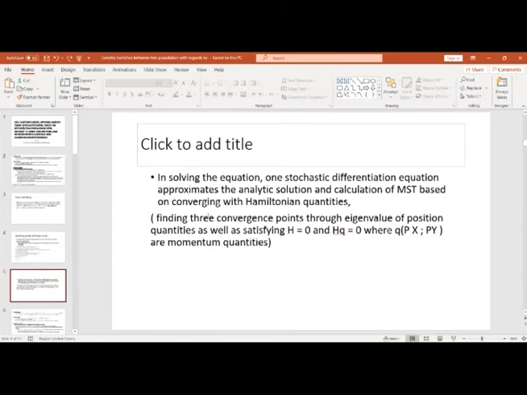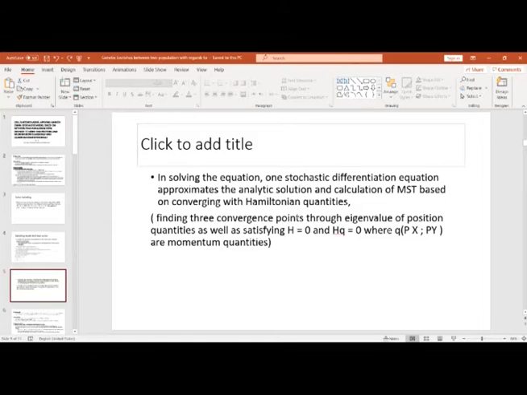Then in our calculation, the main trick is to find the 3 convergence points. This is a very important step as the stability analysis.